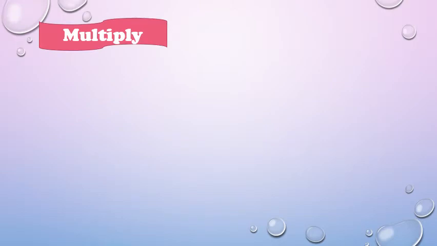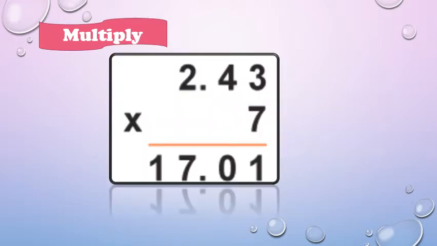Example 2. I want to multiply 2.43 times 7. Write the problem vertically and start to ignore the decimal and multiply. 7 times 3 equals 21.